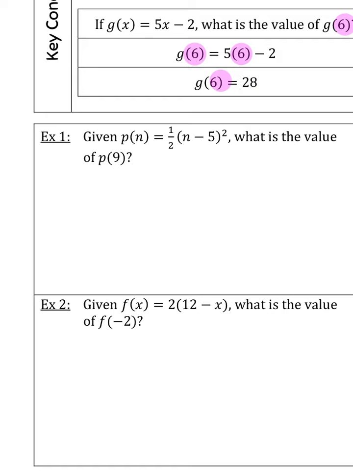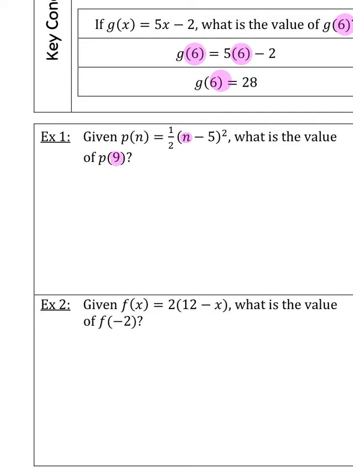It says, given p of n equals 1/2 times n minus 5 to the second power, what is the value of p of 9? Now I'm going to go in here and I'm going to also highlight my n because that is what I'm replacing. And then I'm going to rewrite my equation. Everybody write with me.